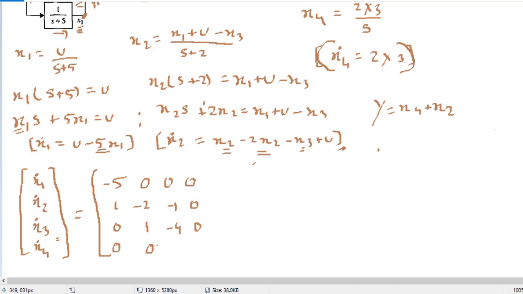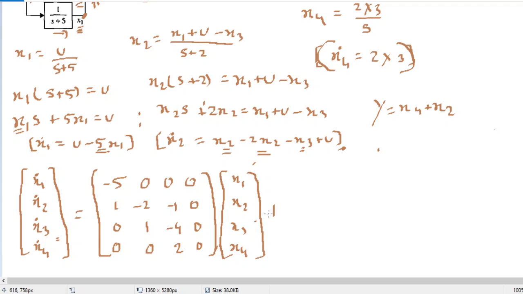So x3 has a multiple of 2, so it comes here. Then the state vector becomes x1, x2, x3, x4.